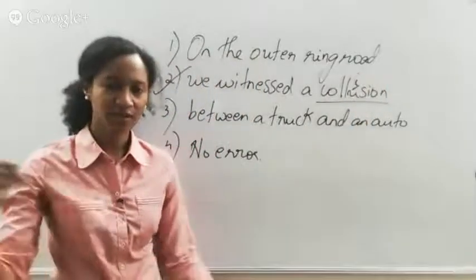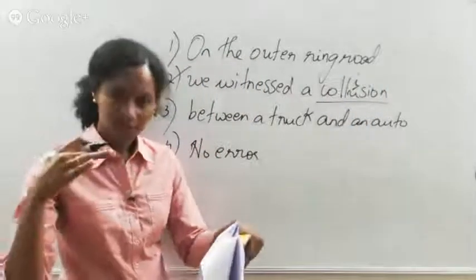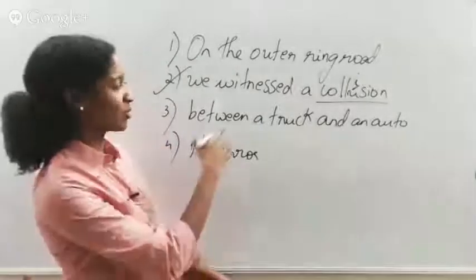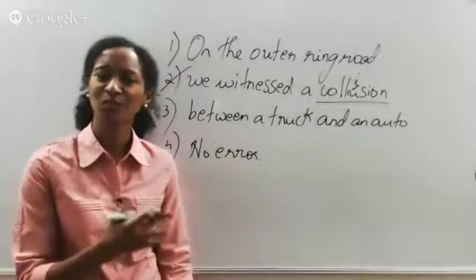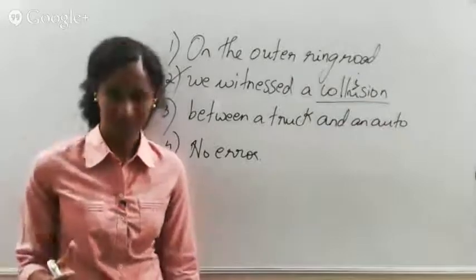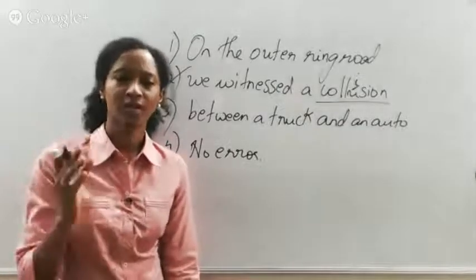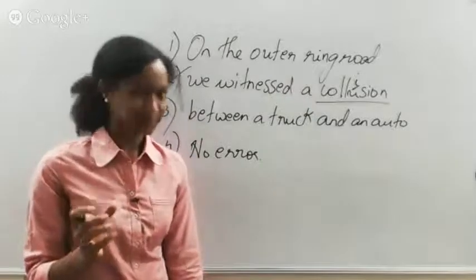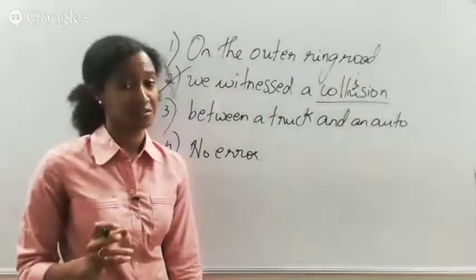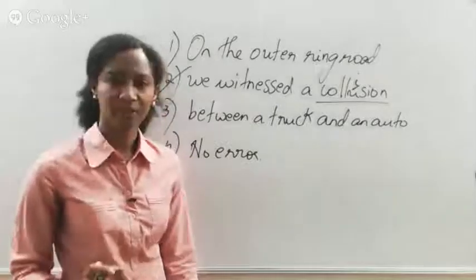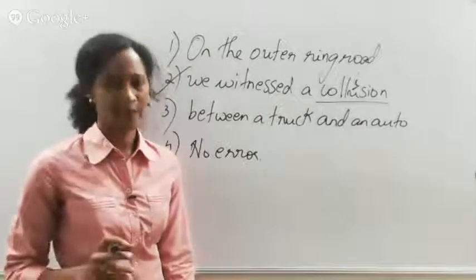A collision is where somebody collides with each other. We're talking about a truck and an auto. So this is merely a spelling error, right? Spelling errors are the most overlooked errors. Nobody even thinks about looking at spellings, right? That can also be an error in the finding errors concept. Okay, so watch out for spelling errors.